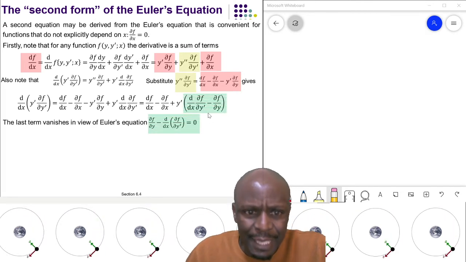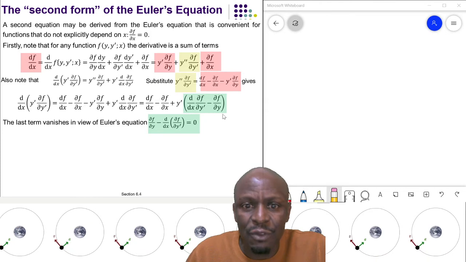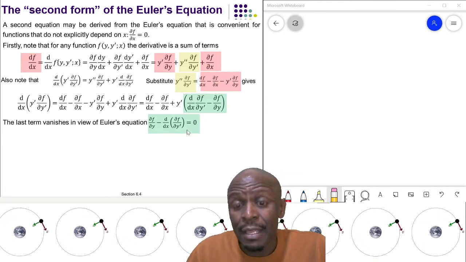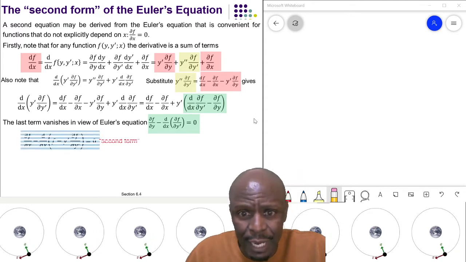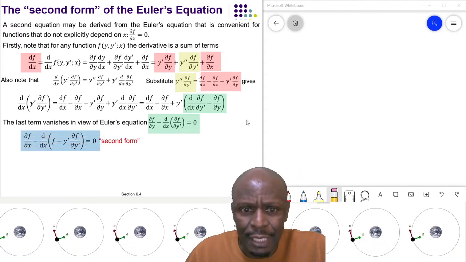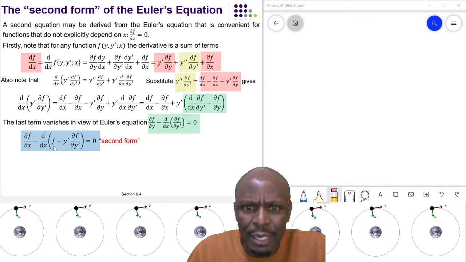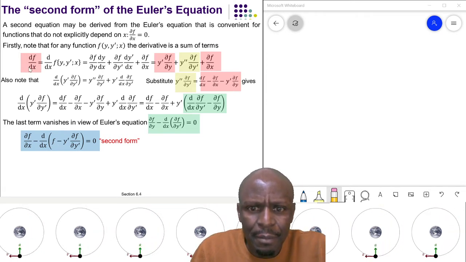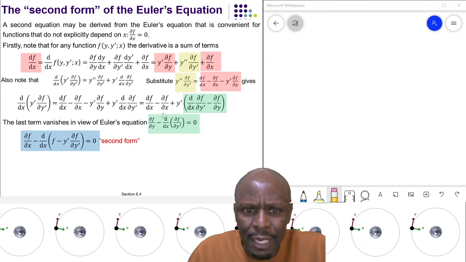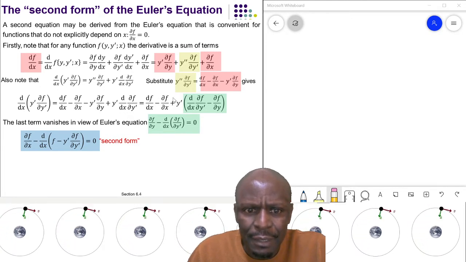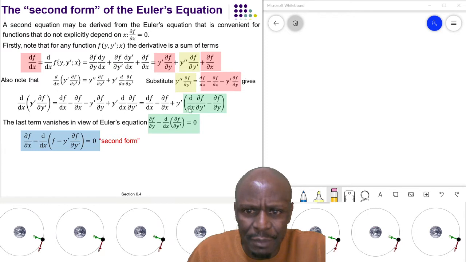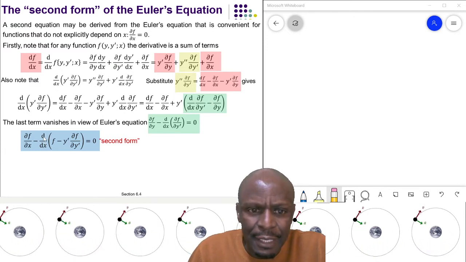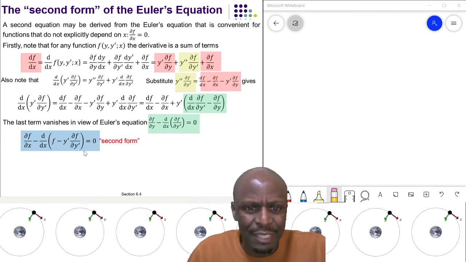Now, the last term vanishes in view of the Euler equation, because this is the Euler equation, and that must give us 0 from what we have done previously. As a result, this final equation will be given by this term minus this other term, because this one will just be 0. Therefore, you can just factor the d over dx.